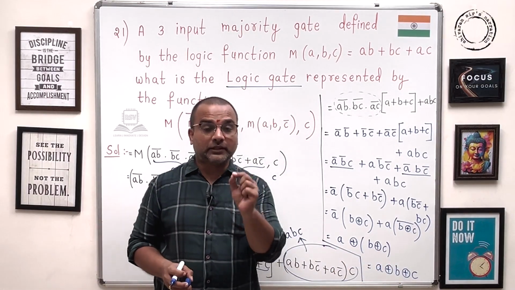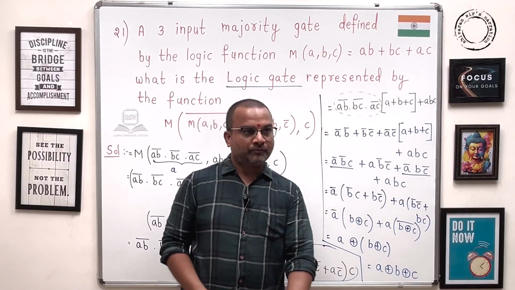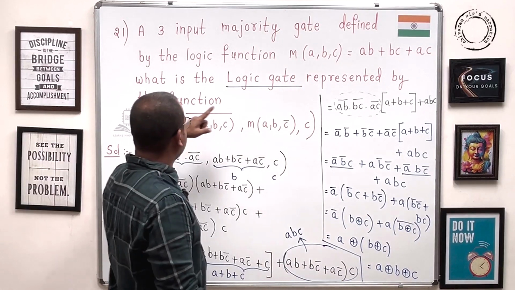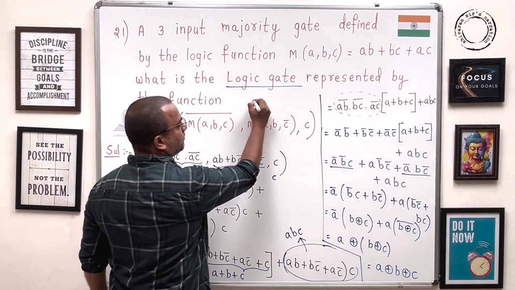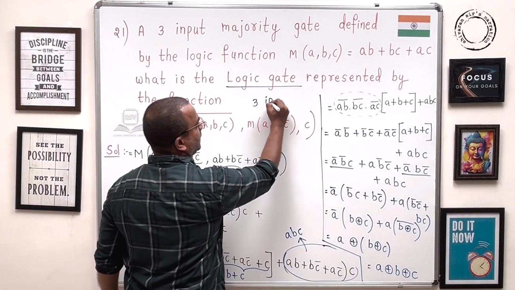It is a 3-input XOR gate. If the function is this and the nested function is this, it represents the 3-input XOR gate.